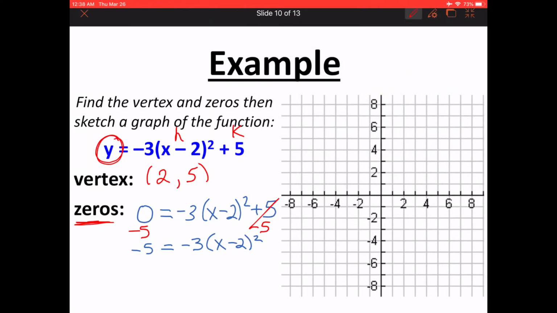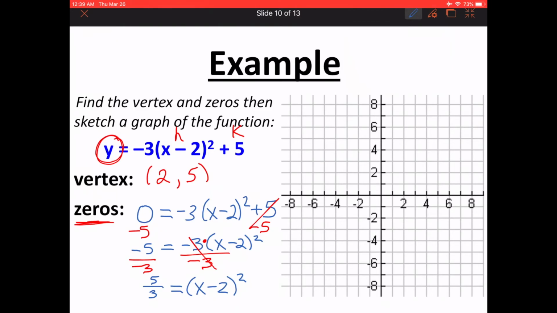So now that I've added or subtracted, let's see if there's anything that I can multiply or divide. Remember, there's an invisible multiplication here, so the opposite of multiplication is division. So I divide both sides by -3, and now I have +5/3 equals x minus 2 squared.